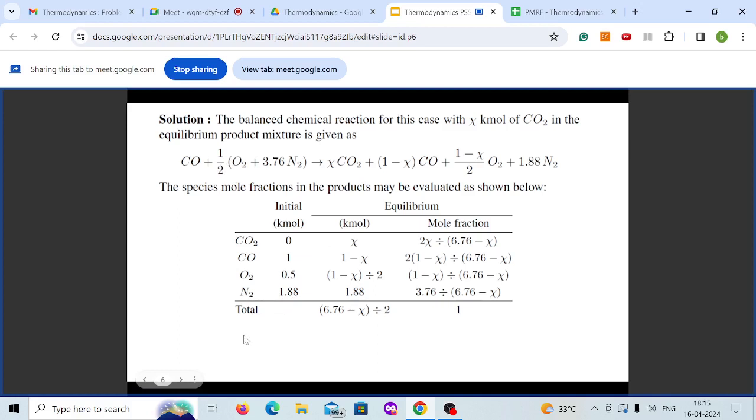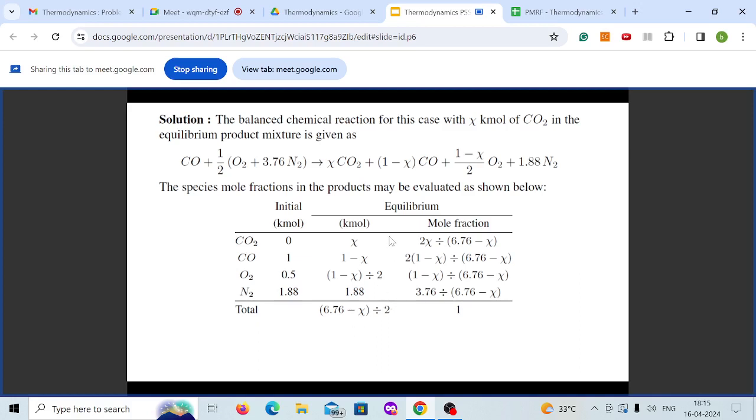Next, at equilibrium we have x kilomoles of carbon dioxide, so x; CO is 1 minus x; oxygen is (1 minus x)/2; and nitrogen is 1.88. Now we can add these all up, and we get the total number of moles as 6.76 minus x divided by 2.